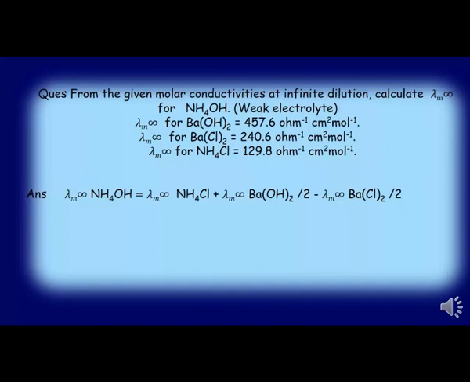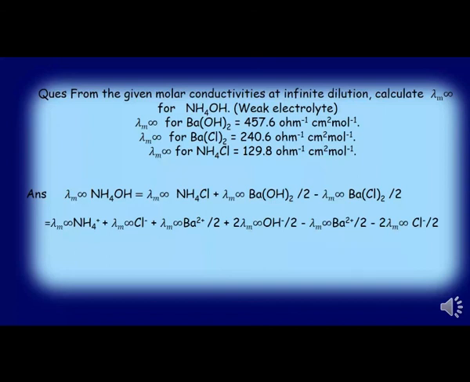We can see which values can be cancelled. You can see that the barium chloride can be cancelled. If you cancel the barium chloride, you get lambda infinity of ammonium hydroxide. So on substitution, it will look like this. You'll get the value 238.3.